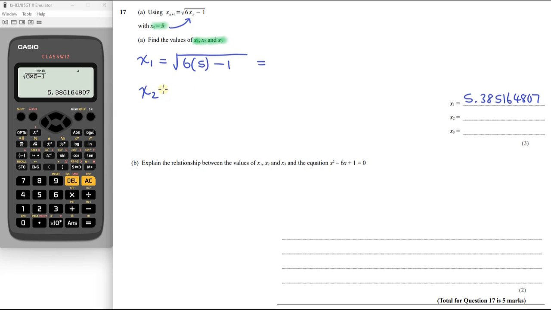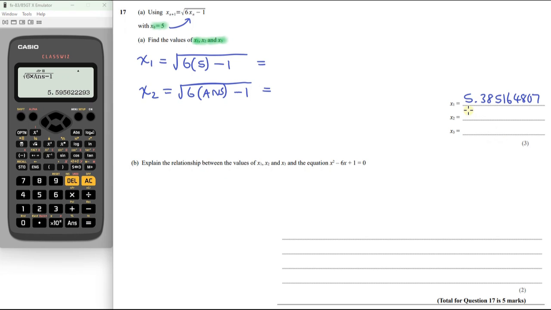Our second iteration is going to be 6 times the next value. Basically, the answer from our previous iteration is going to be the input for our next iteration. So I'm just going to write in here "answer" instead of writing all of this, and then take away 1. On my calculator, I'm going to do the square root of 6 times previous answer minus 1.